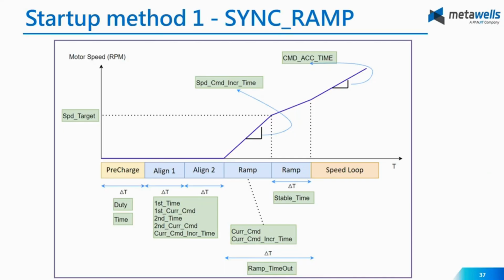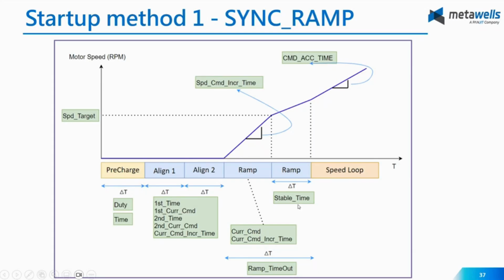The ones inside the green box are parameters, and you can input the parameters in the parameters window. Let's discuss this diagram. The vertical axis represents the speed command, motor speed, and the horizontal axis represents time.